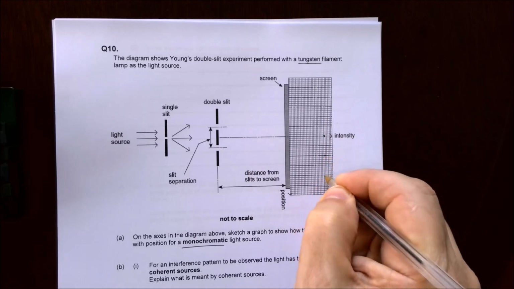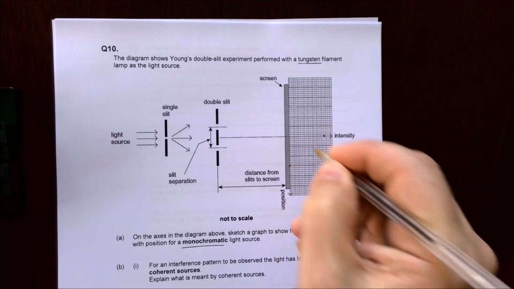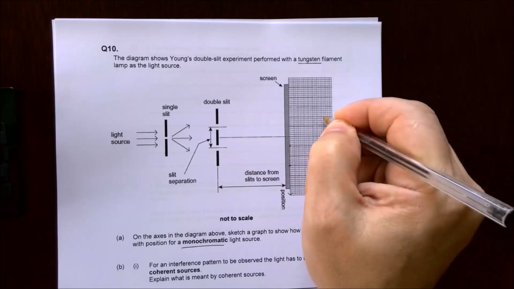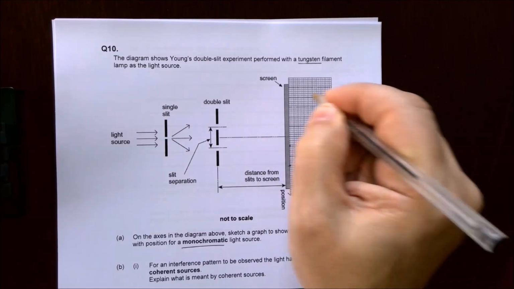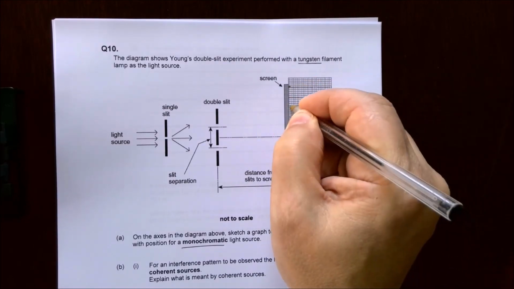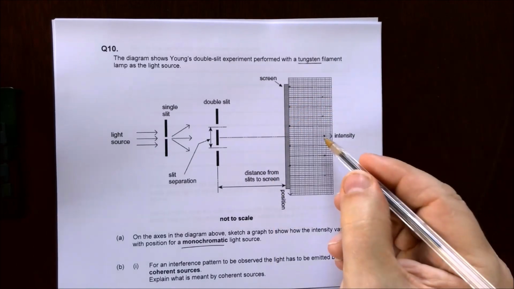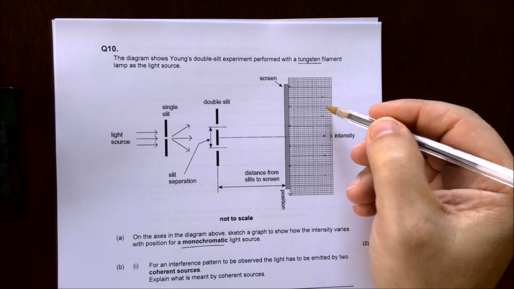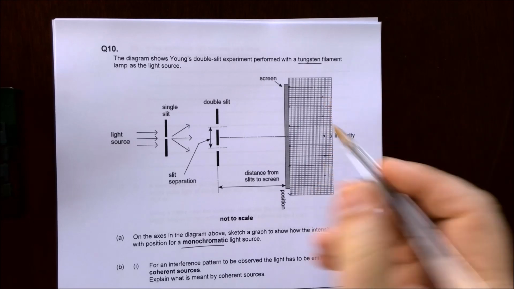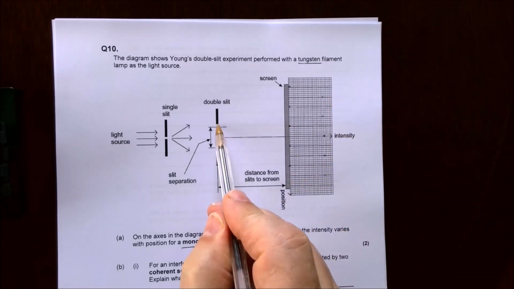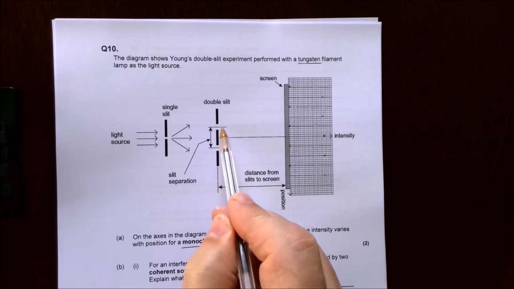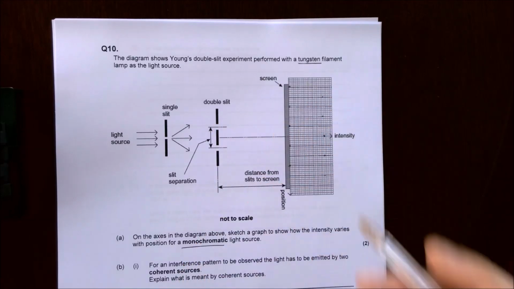So as ever, I would draw myself some dots, because it's very difficult to get the pattern right if you don't have a few guides to help you draw the curve. So it's got to go through those points. These are equally spaced. You can make the intensity descend a little bit, because remember that each one of these slits is a single slit itself, so it will create its own pattern.